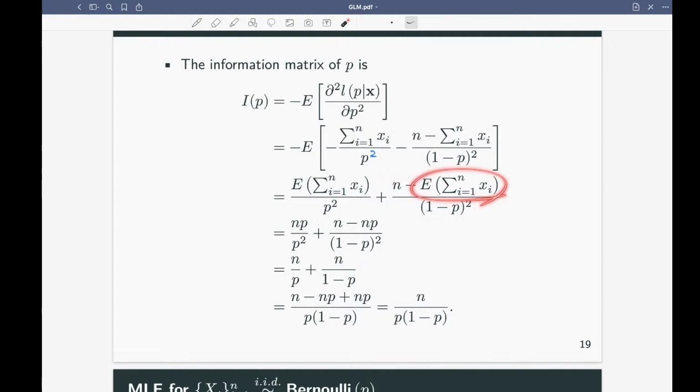So we only have this term with the expectation. And this term is equal to n times p, because E of Xi is p since it is a Bernoulli distribution. So E of X is p. Maybe I should transform this term to a capital X.